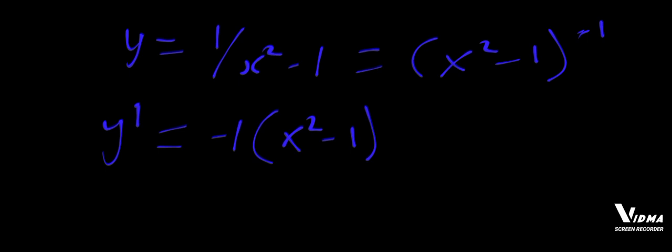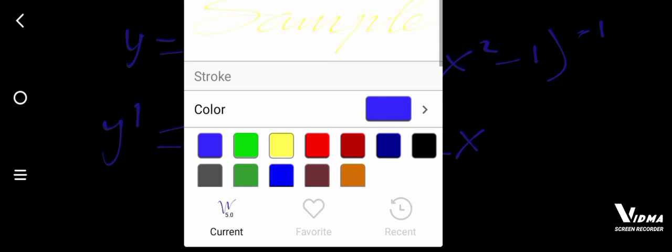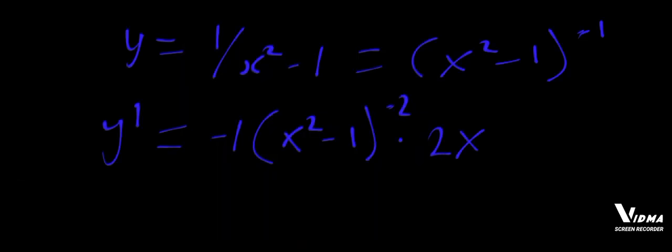And we are now going to differentiate the inner side, which is just going to be 2x. So as we brought down the negative 1, we have to subtract 1 from the power, which gives negative 2.